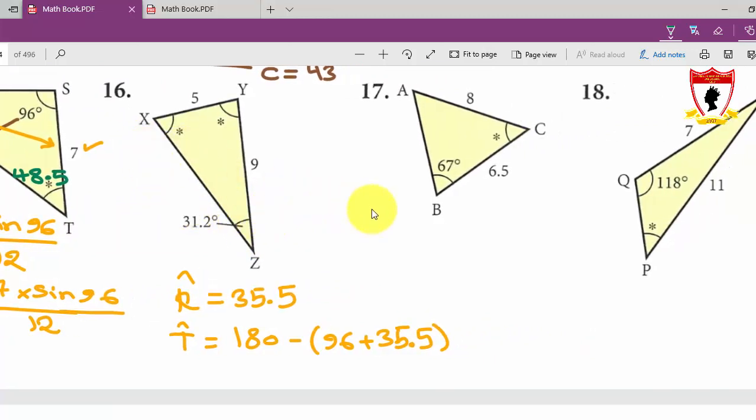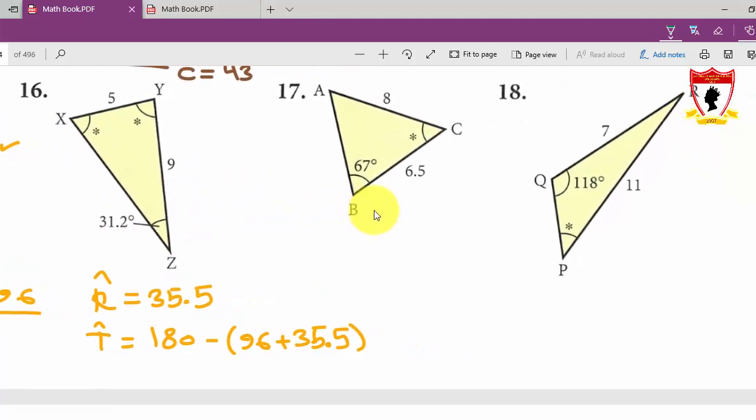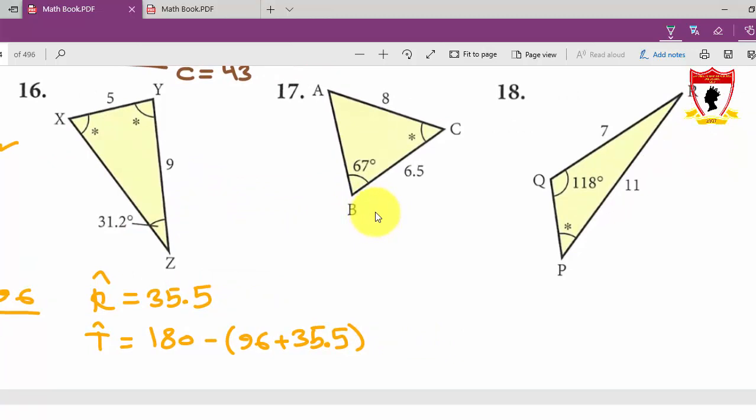Question 16 is your task. Question 17. One angle with its opposite, fine. One angle is missing and its opposite is also missing. What should we do? Good, it doesn't look like the ordinary questions that we did before.